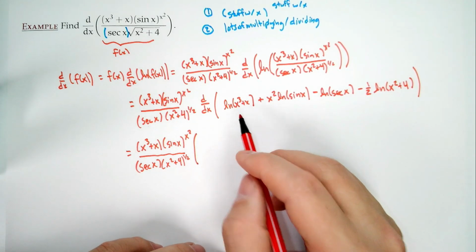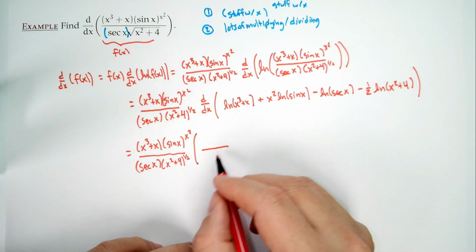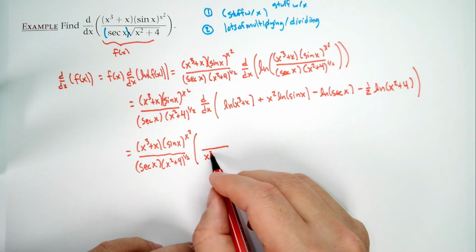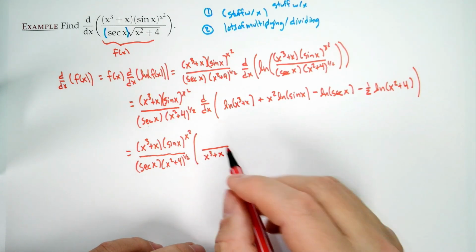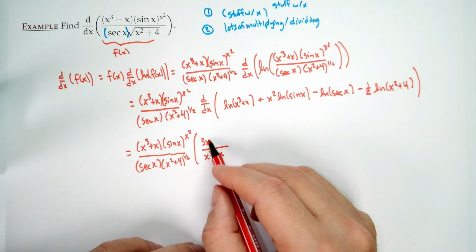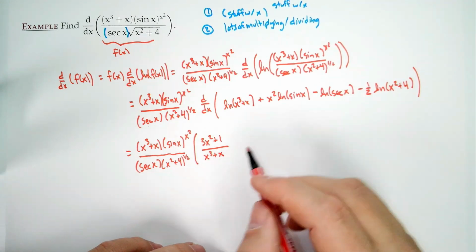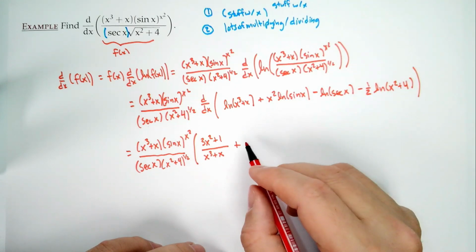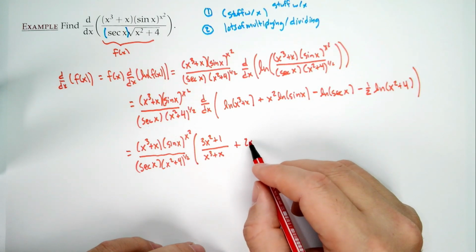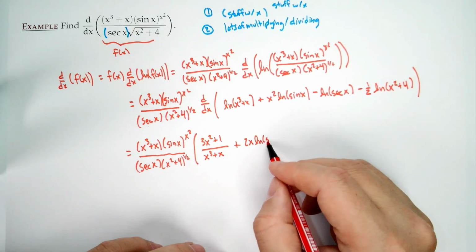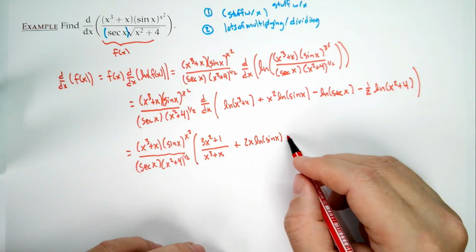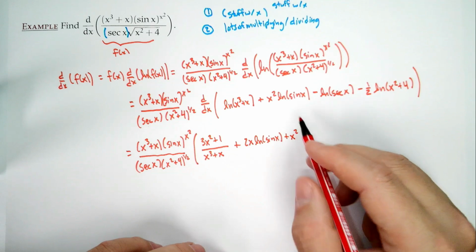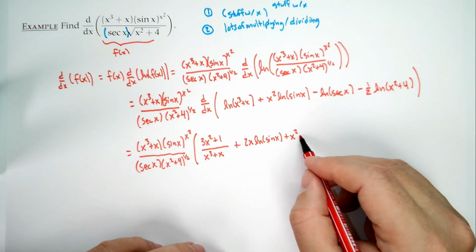Log of x cubed plus x. When I'm taking a log, x cubed plus x goes downstairs, and the derivative of that goes upstairs: 3x squared plus 1. Plus x squared log of sine x, product rule. Derivative of the first, 2x, log of sine x, plus x squared times the derivative of log sine x.